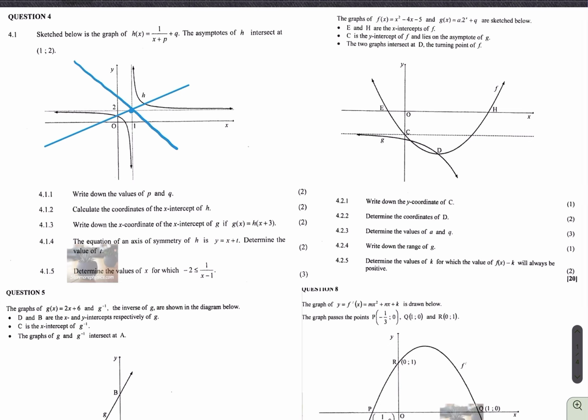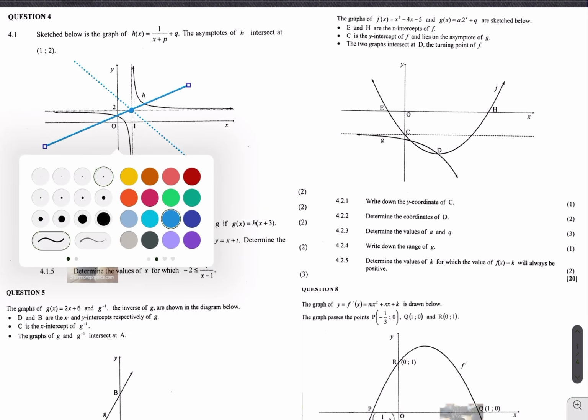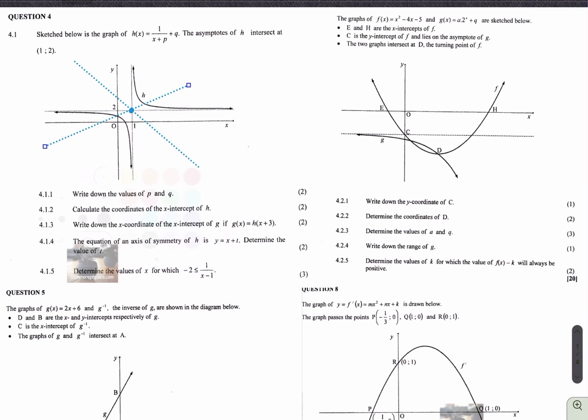And then this one, we call them the axis of symmetry. And then even the other one, and then same stuff. Check. This is where these graphs intersect. But this one is the one of a positive gradient. It's y equals x plus t. So we can substitute the point that it passes through, that is 1 and 2, to get the value of t.